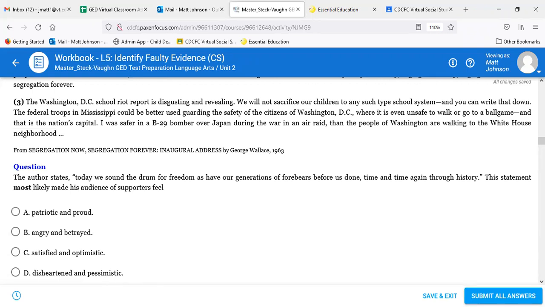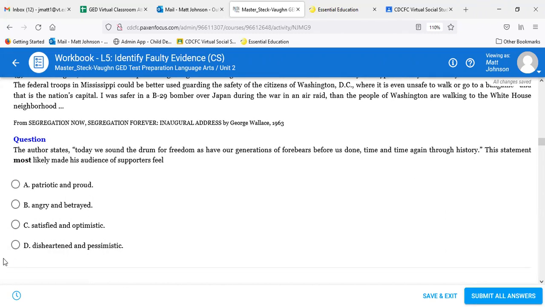This statement most likely made his audience of supporters feel A, patriotic and proud, B, angry and betrayed, C, satisfied and optimistic, and D, disheartened and pessimistic. C.